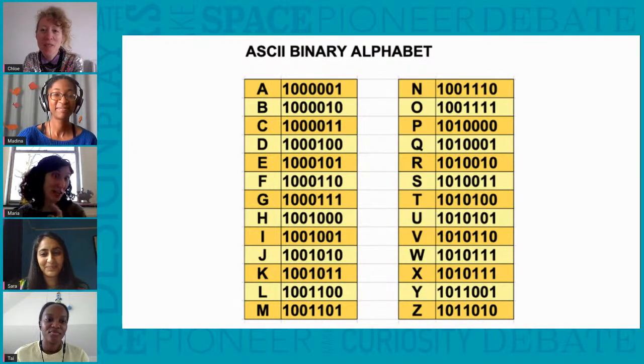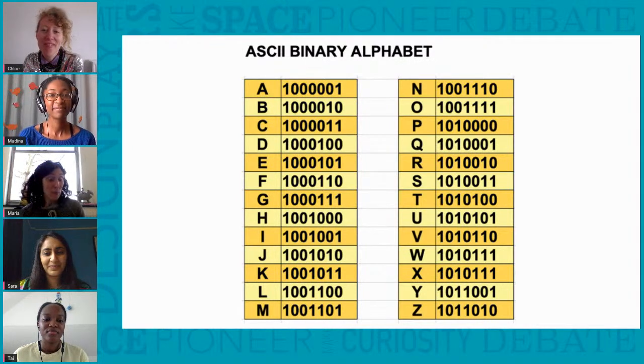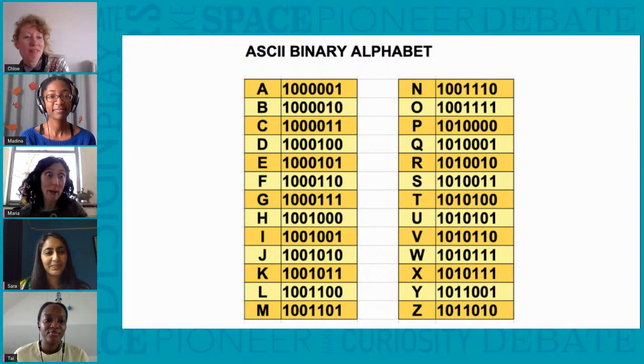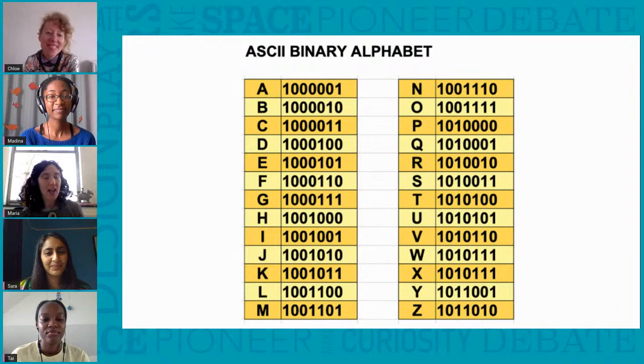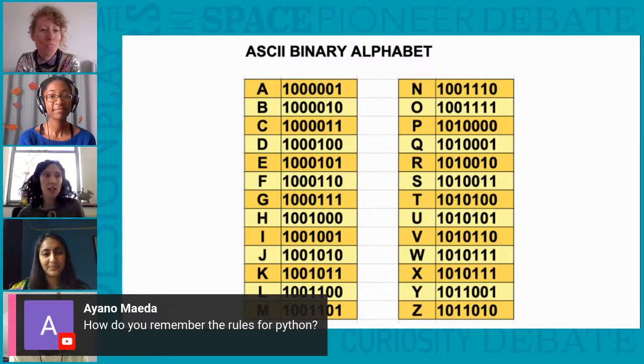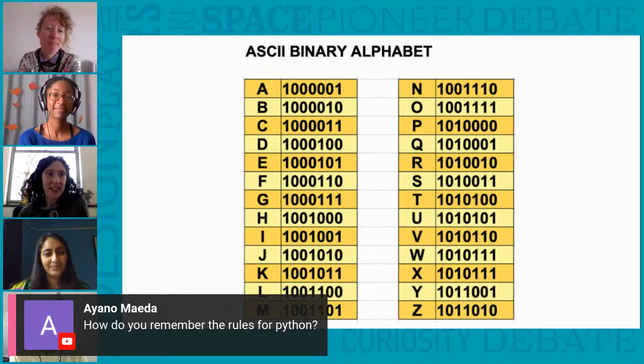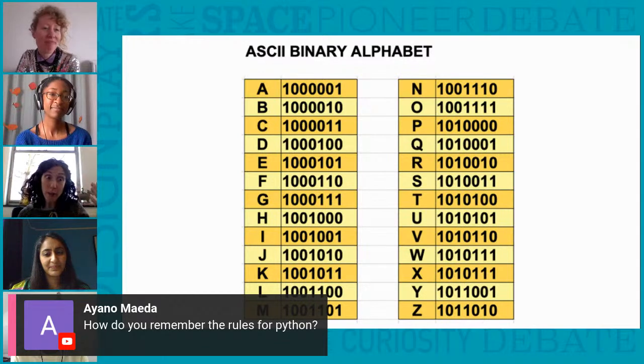Yeah, that's a really good point, Madina, because like Madina said, Python is a language, and like we learn English, how do we remember all the rules in a language? First we study and then we practice. So in programming it is exactly the same. You first learn and you remember by practicing a lot. So the best tip is program.